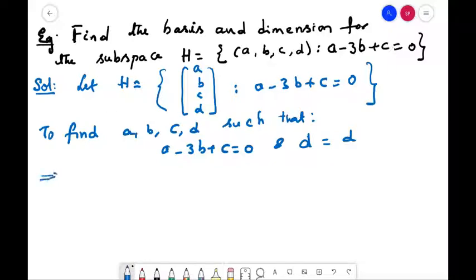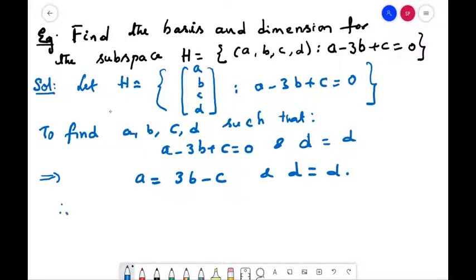I will write the equations like this. Here I have 3 variables, so a minus 3b plus c is equal to 0 implies a is equal to 3b minus c, and d is equal to d.